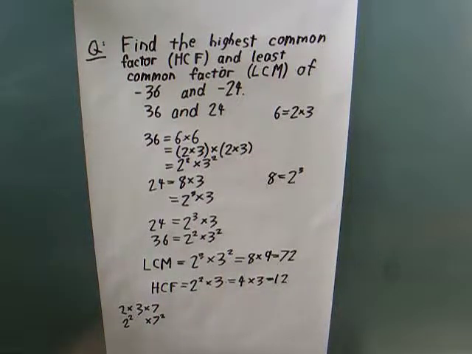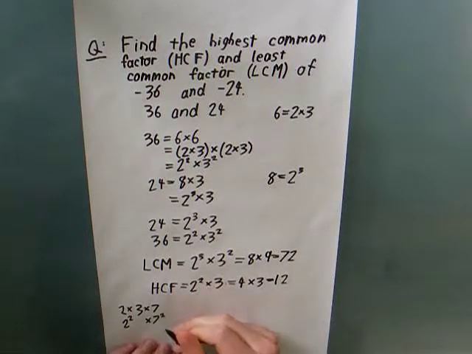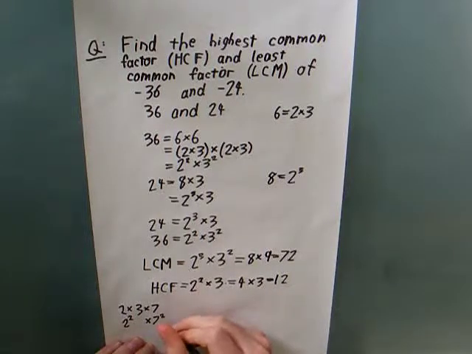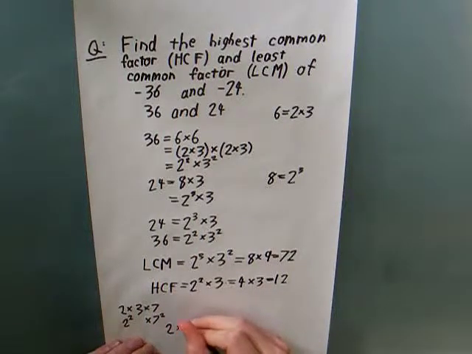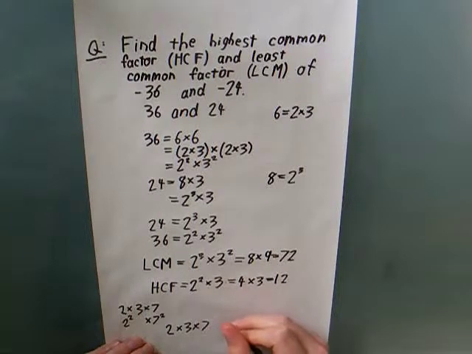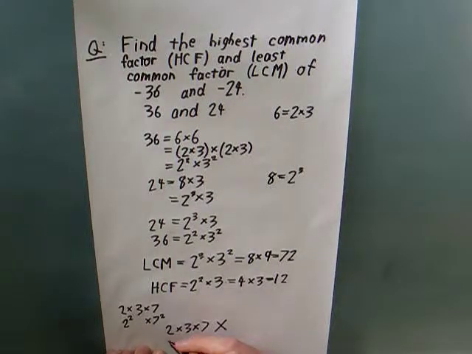Now, if I was finding the highest common factor for this, it would be wrong to say that the highest common factor was 2 times 3 times 7. That would be wrong, because when there's no 3 in the other row, or there's no prime, you do not count it in the product. So it would just be the lowest power of 2, times 7. So that should be the HCF in this case.